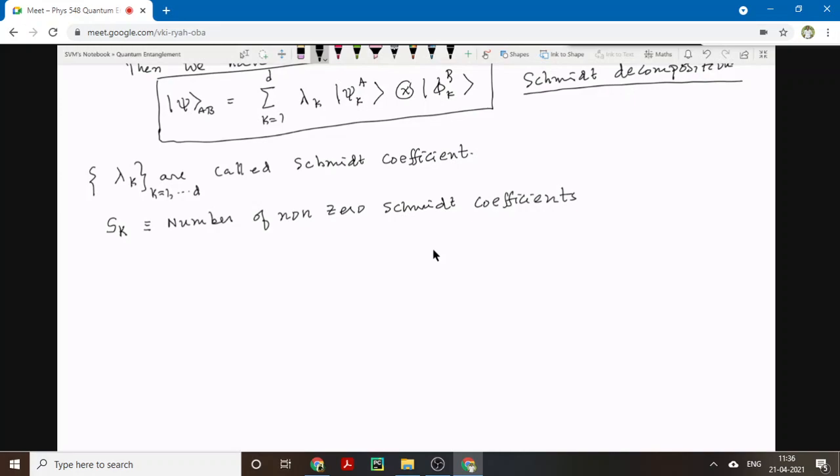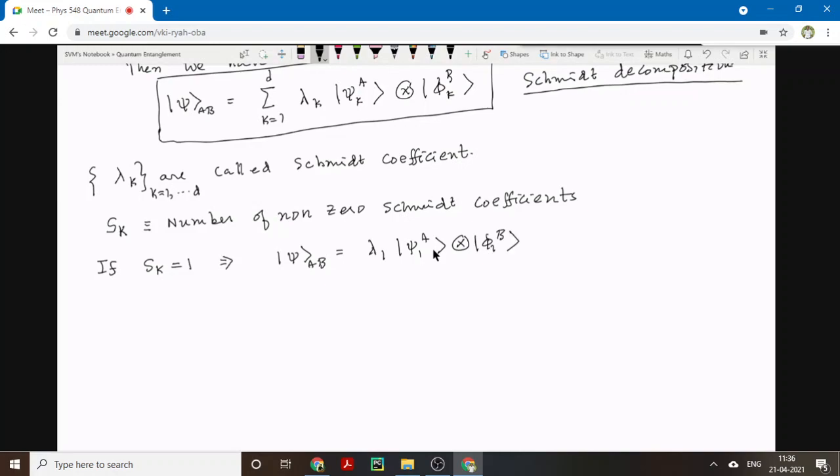So suppose you have a situation where there is only one non-zero Schmidt coefficient, that is, if Sk is equal to 1. If Sk is equal to 1, this implies your psi AB can be written as some lambda 1 into some psi 1 of A multiplied by some phi 1 of B. What does this mean?